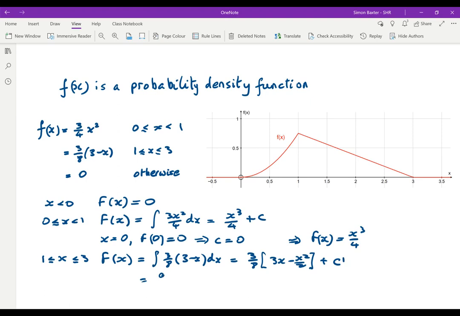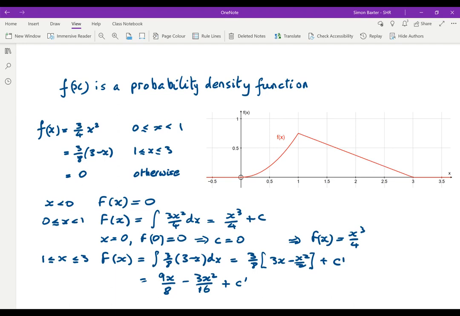That is 9x over 8 minus 3x squared over 16 plus c dashed. Make the 8 just a little bit nicer. Well, we now need to find c dashed.